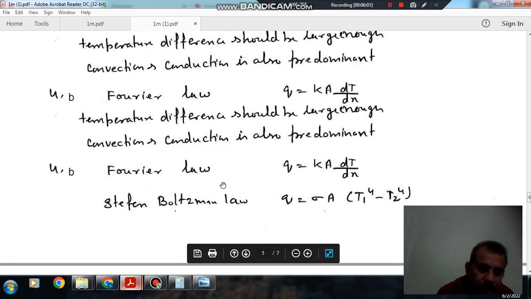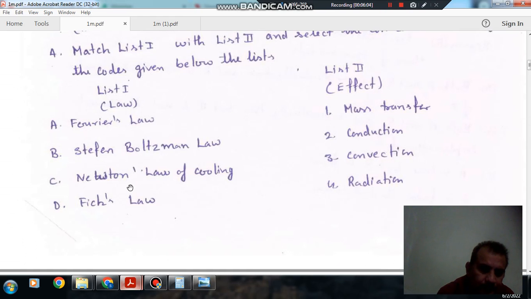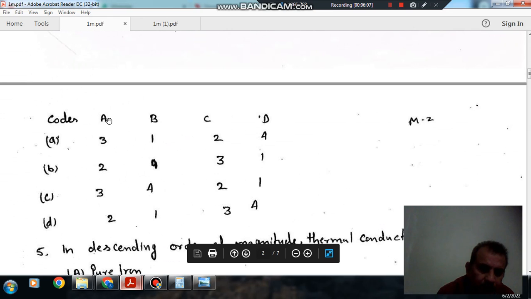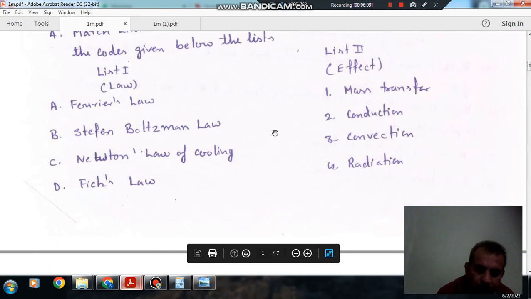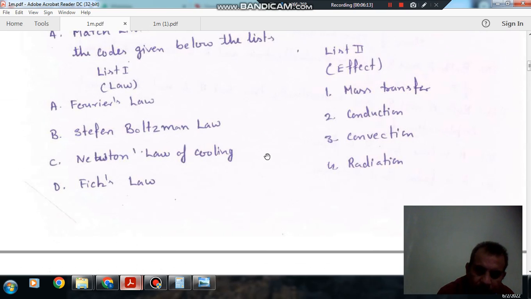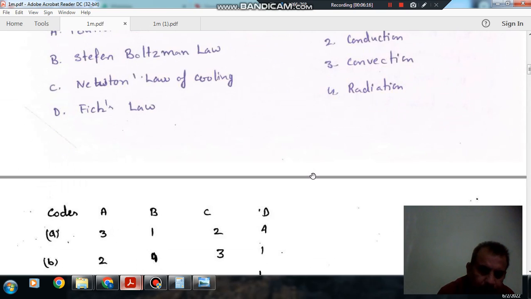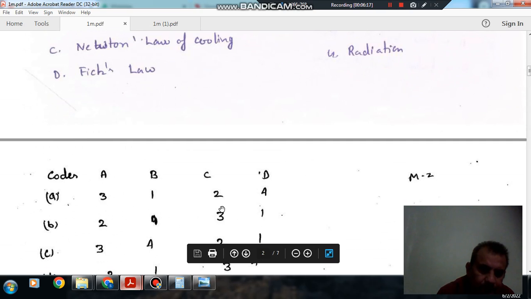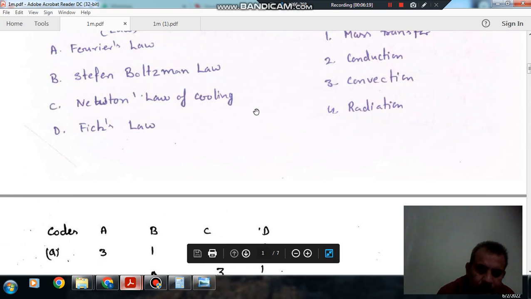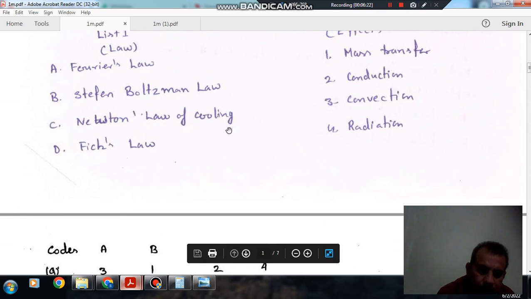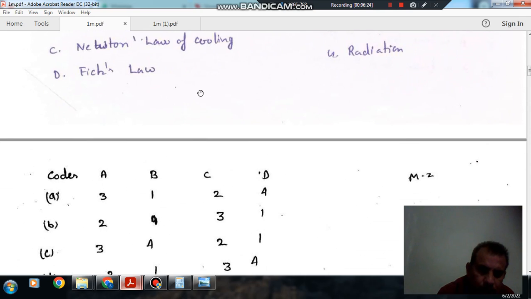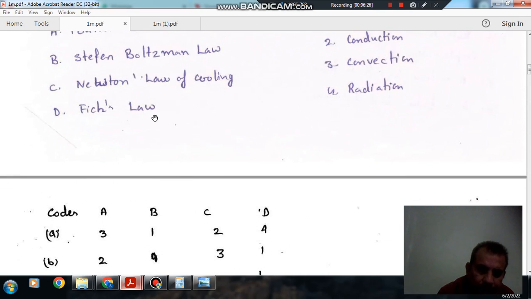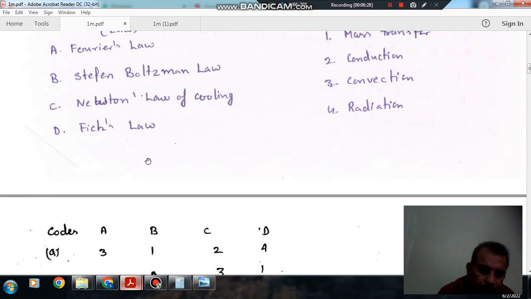So A2, Stefan Boltzmann law is for radiation, B4, C3 and D1. So answer is D.